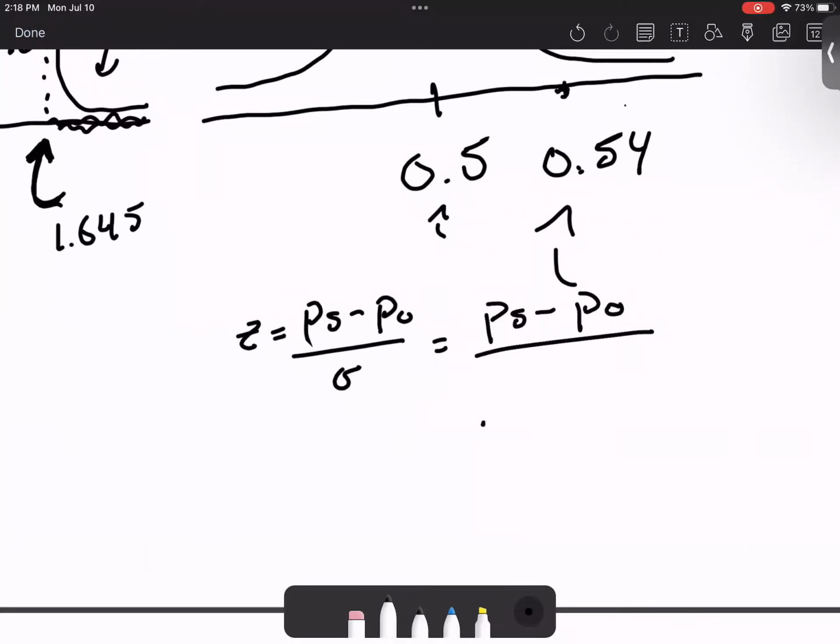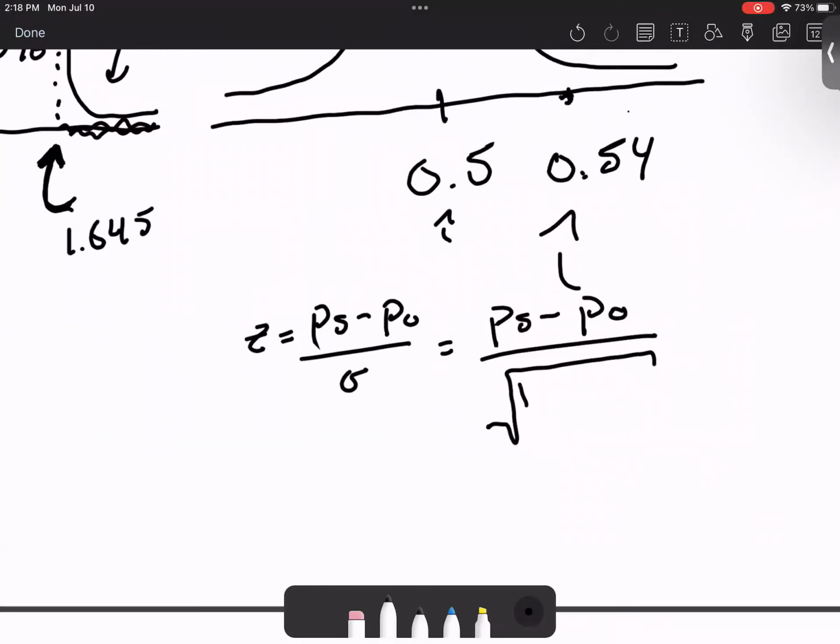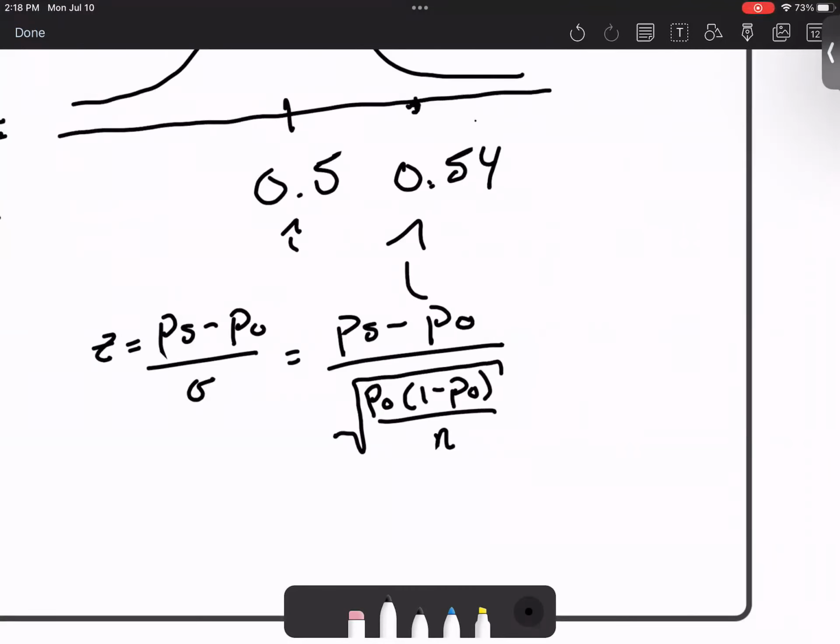Because we're talking about proportions, we will use the same standard deviation that we did when we were estimating proportions. And remember, the proportion that you use to build that standard deviation is the center of your curve, just like it was when we were estimating proportions.